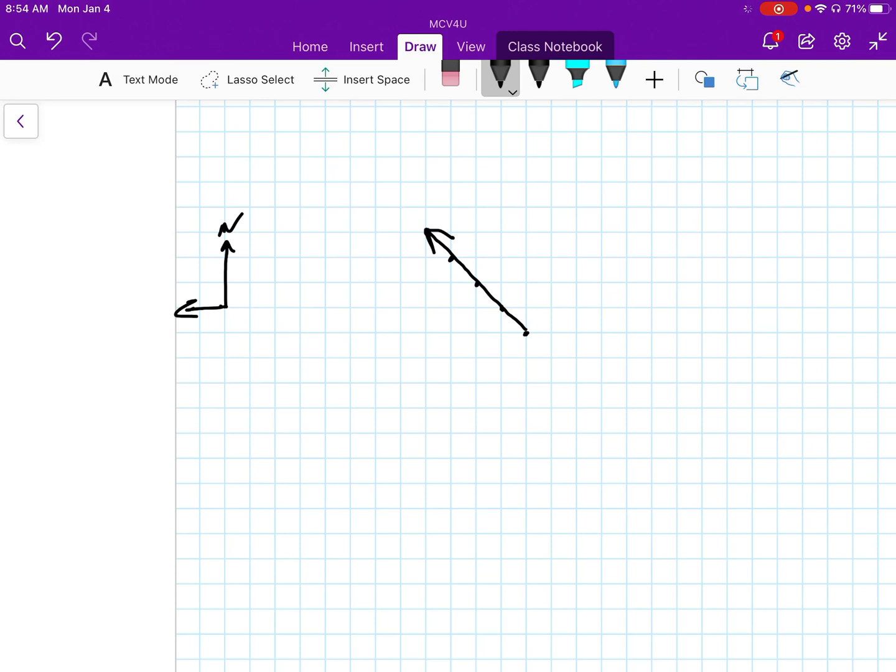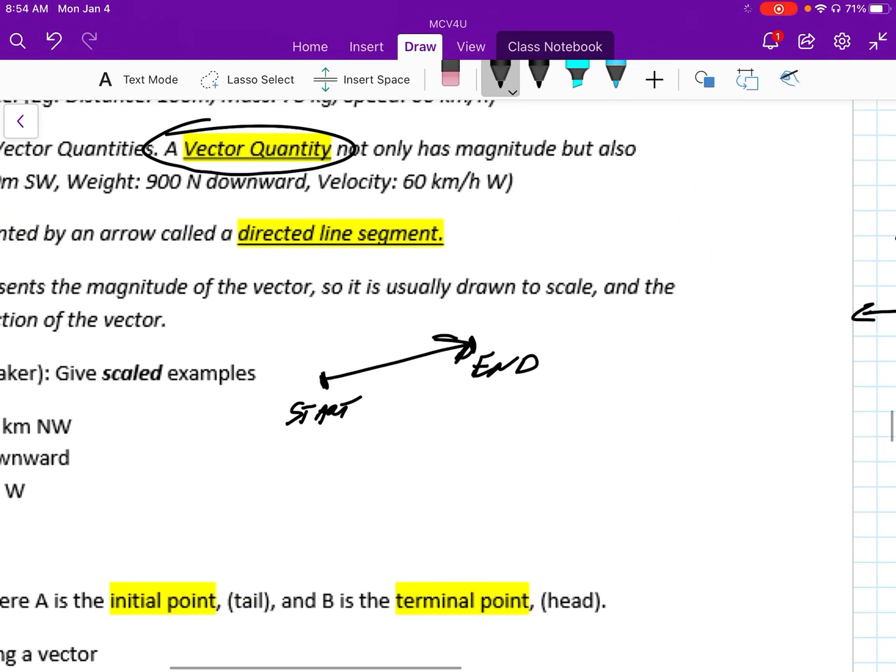So this represents our 40 kilometers, our magnitude, and then we have its northwest direction. One way of writing it, scaled.